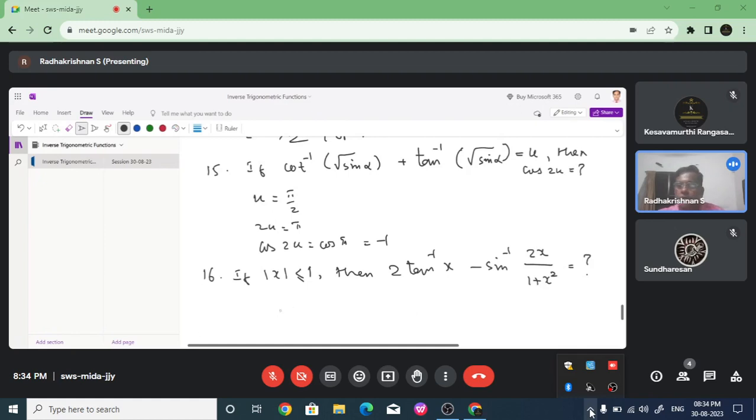Okay. See, what is the formula for 2 tan inverse x?